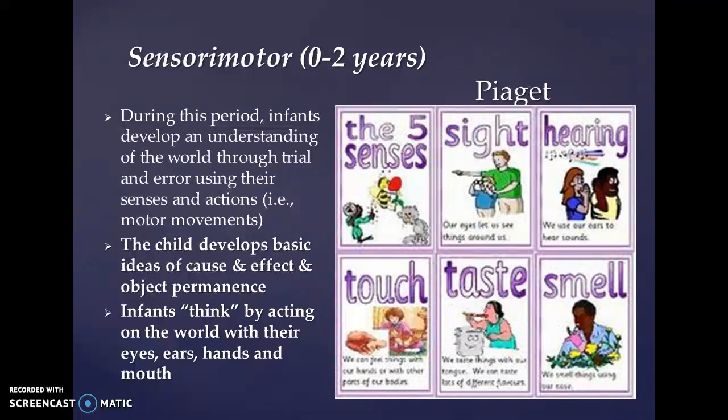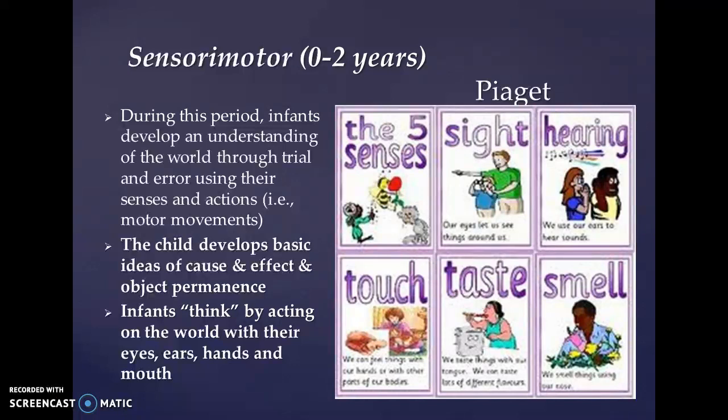So the child develops basic ideas of cause and effect and object permanence, meaning that if you ever played hide and seek with a toddler, if you notice, as you're counting, they'll just stand in the middle of the room and cover their eyes, and they are convinced that you cannot see them. Their concept of object permanence is a little shaky, wherein in their mind, if they don't see it, it doesn't exist.